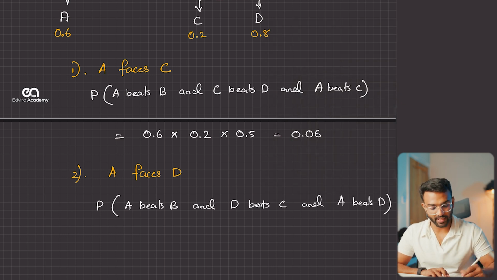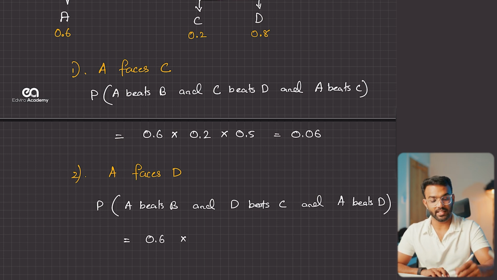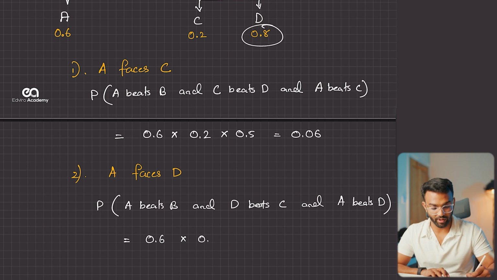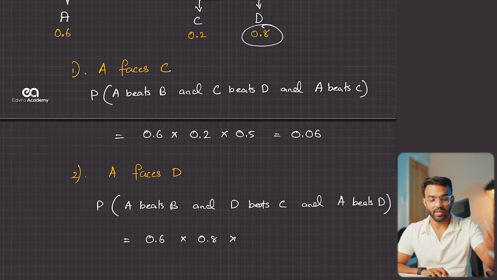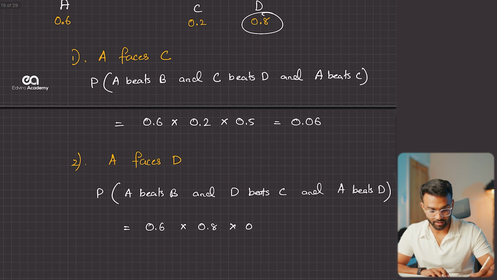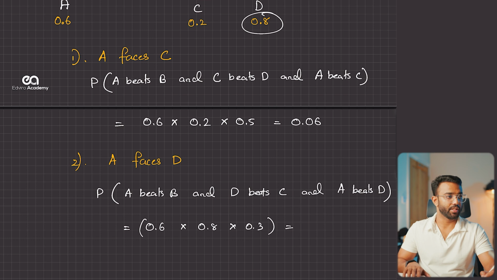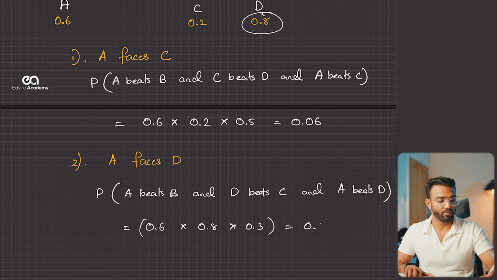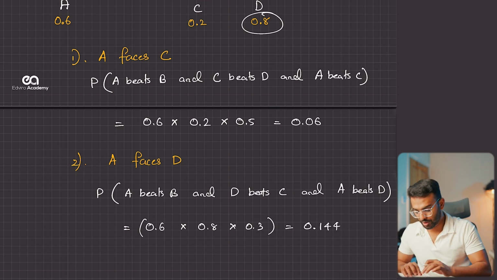So how would we put that in terms of decimals? Probability of A beating B is 0.6 multiplied with D beating C, which is 0.8, times A beating D, which is given to you, 0.3 right there. So that's 0.3. Multiply this and you guys are going to get 0.144. Let me just double check on that.